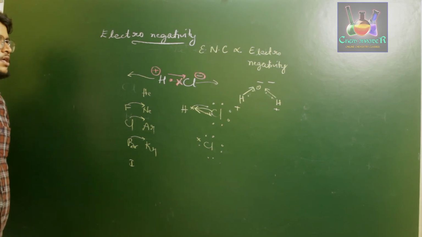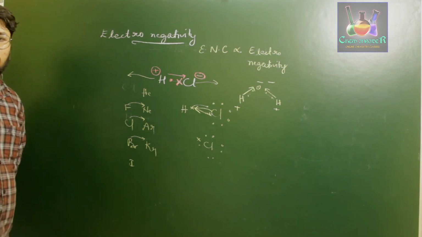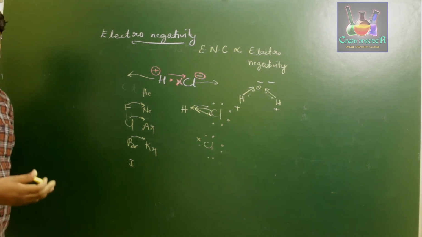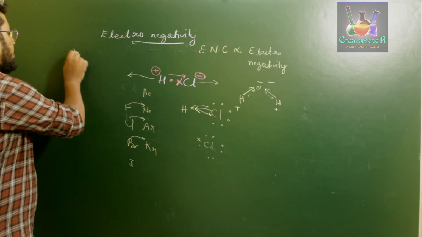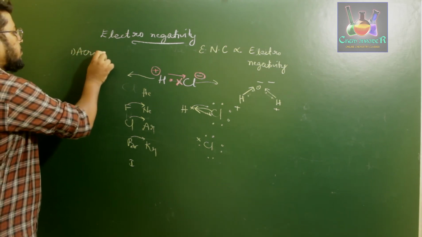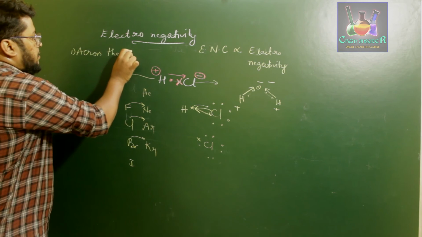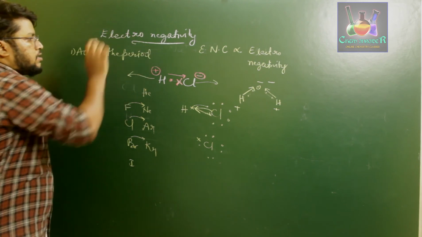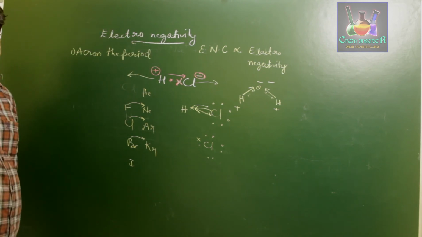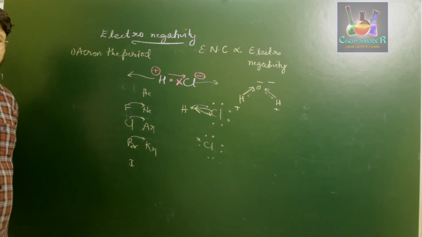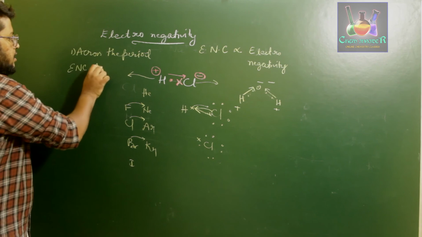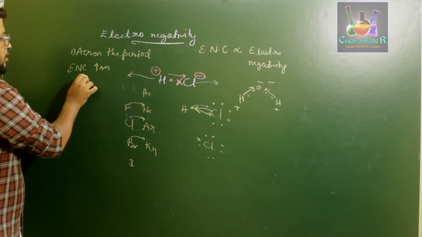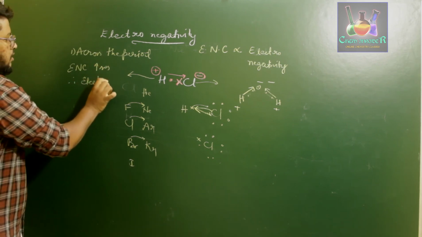So electronegativity is directly proportional to effective nuclear charge. For the trends, across the period, electronegativity increases because effective nuclear charge increases.